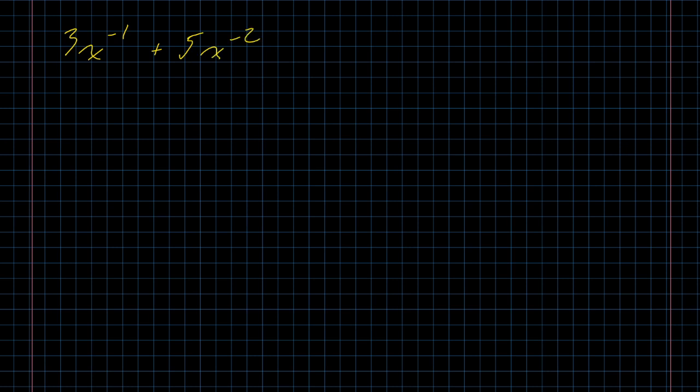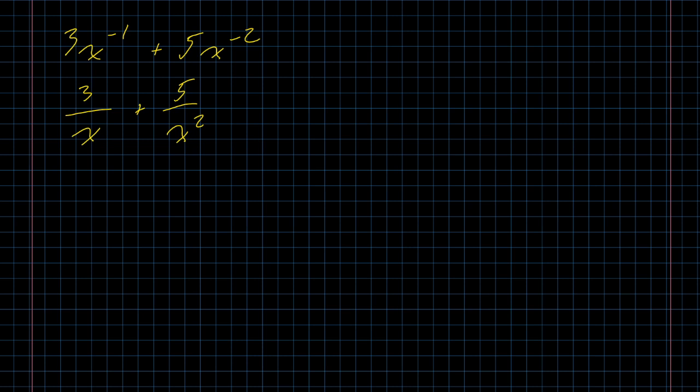Because at first glance, 3x to the negative first plus 5x to the negative second does not look like a rational expression. But using properties of exponents, right? X to the negative first is the same thing as 1 over x, so 3x to the negative first is 3 over x. And 5x to the negative second is the same thing as 5 over x squared.